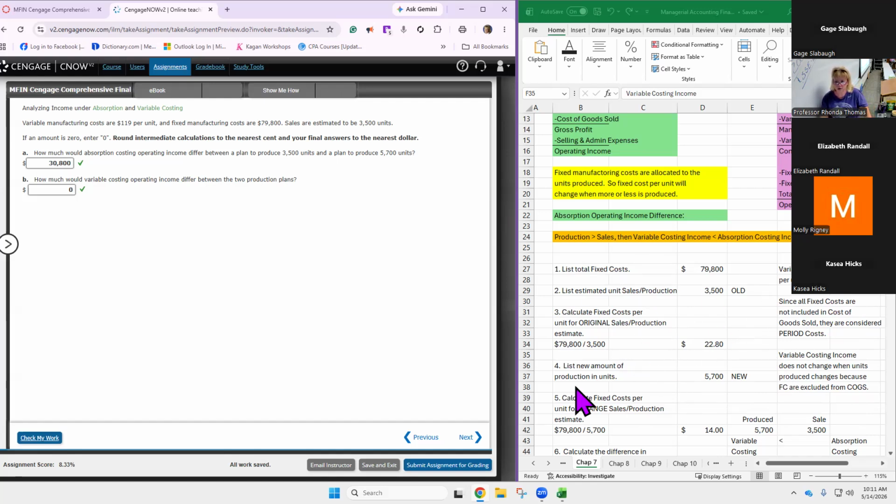This is a little bit of a distortion of your income because you did use those costs. You just aren't showing them yet on your income statement. They're still sitting there on your balance sheet. This takes care of that. This doesn't let those fixed costs sit there. They're treated as a period cost. So everything is kind of lined up no matter what happens with the units produced versus the units sold.